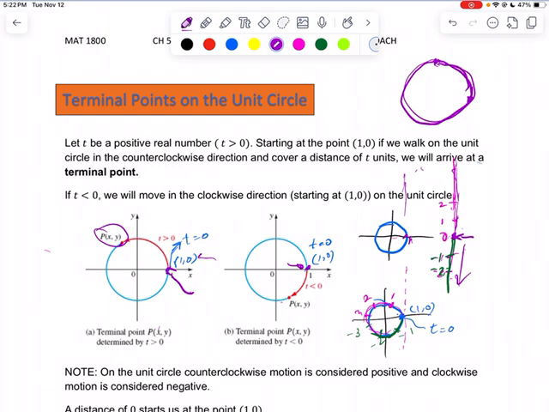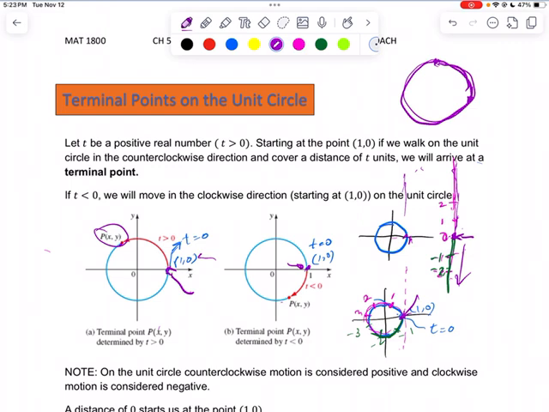So you match the 0 of the line with the starting point of the unit circle. Both zeros, the 0 of the number line and the 0 of the unit circle, are over here.